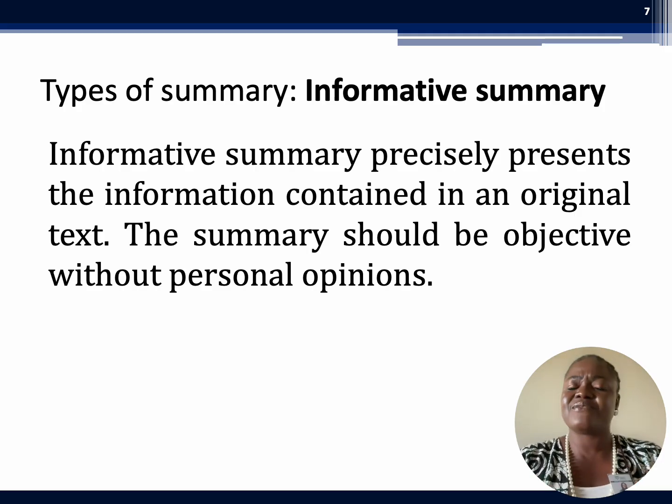They are faithful representations of the original. Your job is to convey the author's ideas, not to evaluate them. And if you're objective, do you remember what that means? Anyone? Yes. Objectivity means no personal opinions, no judgments, no additions.